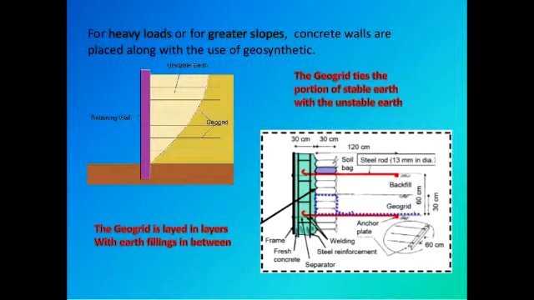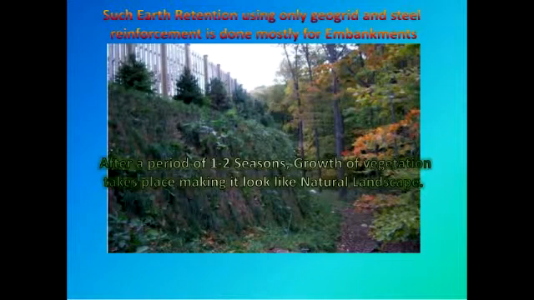The geogrid is laid in layers within the earth fillings in between. Mostly, after a period of 1 to 2 seasons, the growth of vegetation takes place, making it look like a natural landscape. This is an example for the simulation of soil without geogrid.